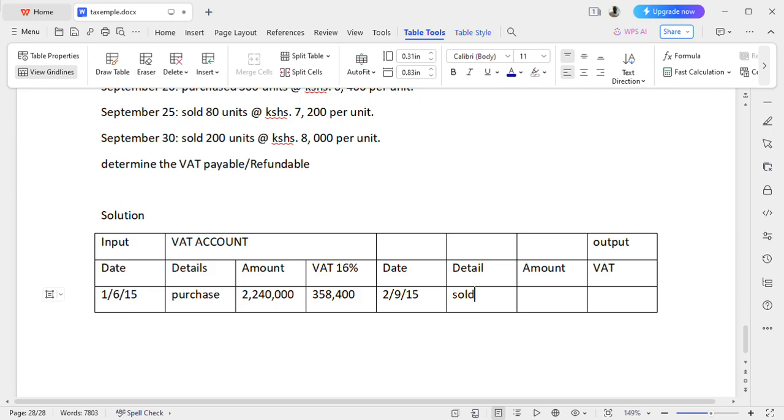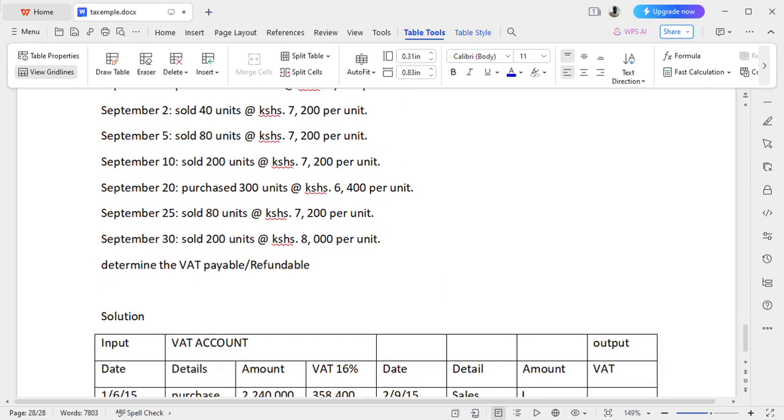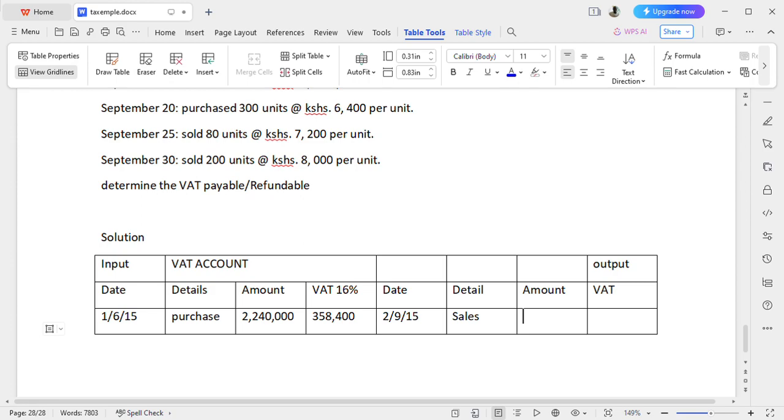Sold, so you just say sales, 400 units at 7,200, which gives us 2,880,000.